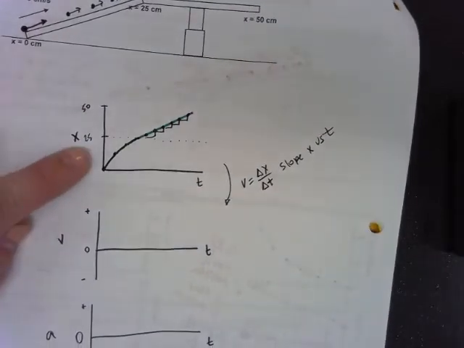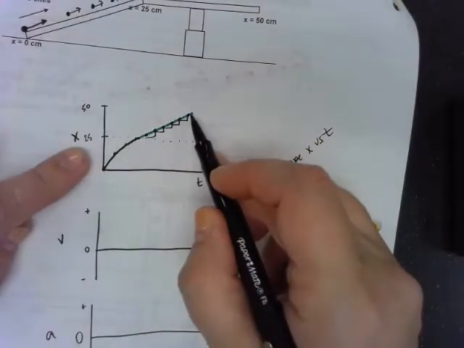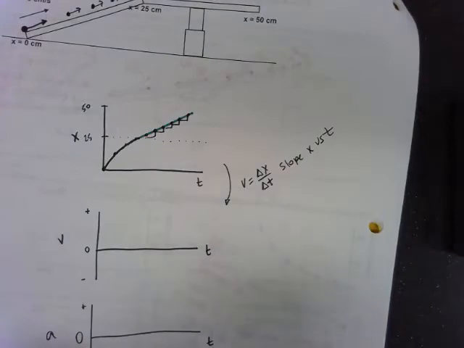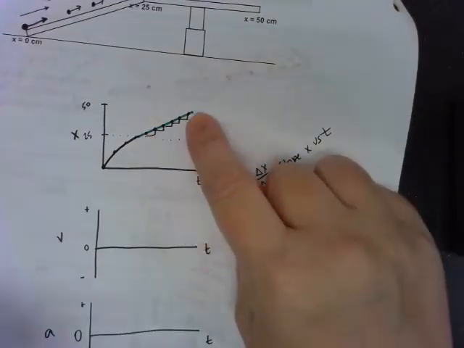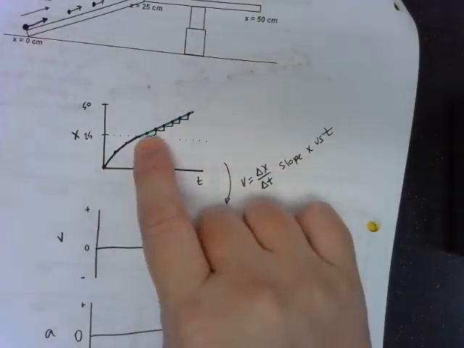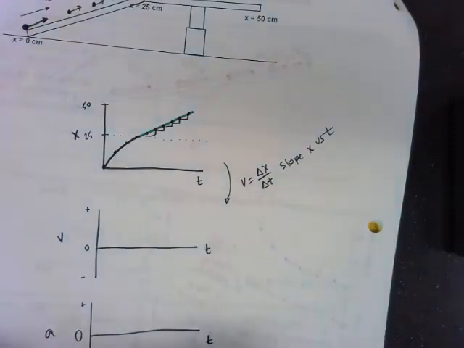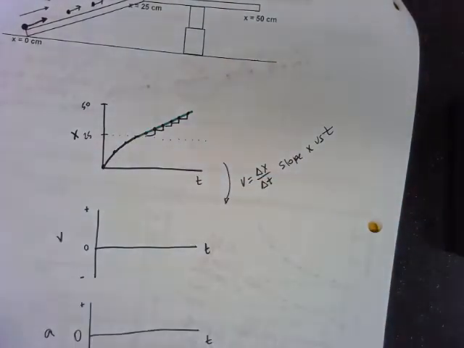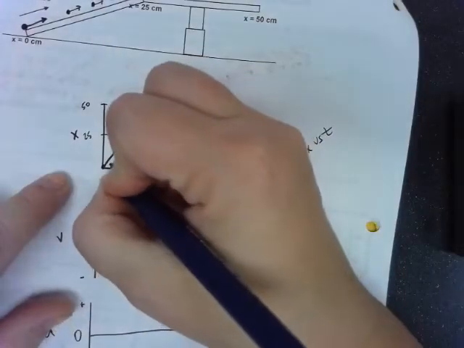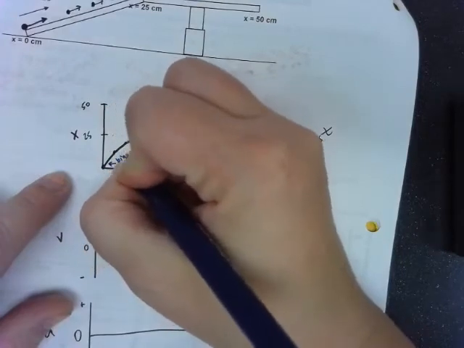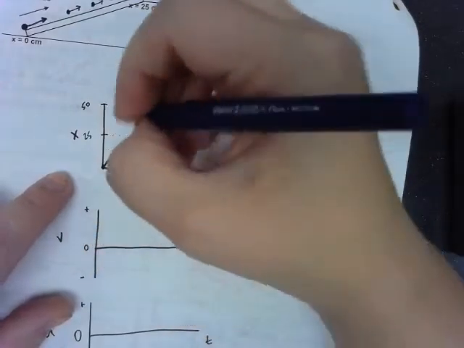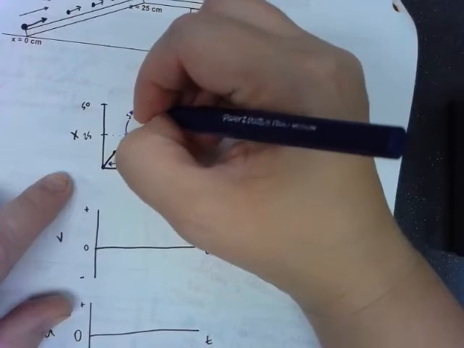And so if I look at this, my slope here is constant, right? So I've got a constant positive slope here. Down here, it's not constant. It is positive, but it starts big and then gets smaller. So here we've got a bigger slope. Towards the end, we have a smaller slope.